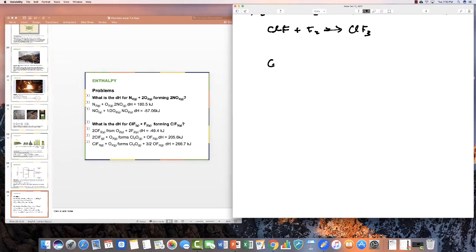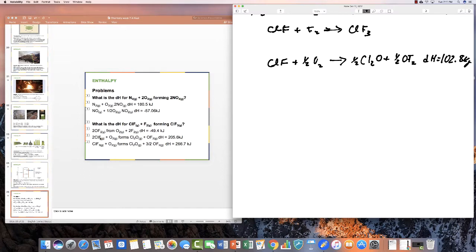So that's going to be ClF plus 1/2 O2 goes to form 1/2 Cl2O plus 1/2 OF2. And if we take half of this, we get DH is equal to 102.8 kilojoules.